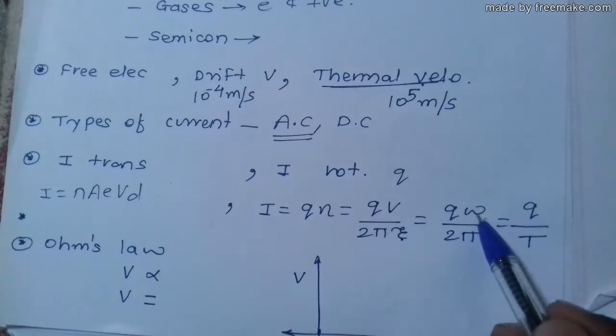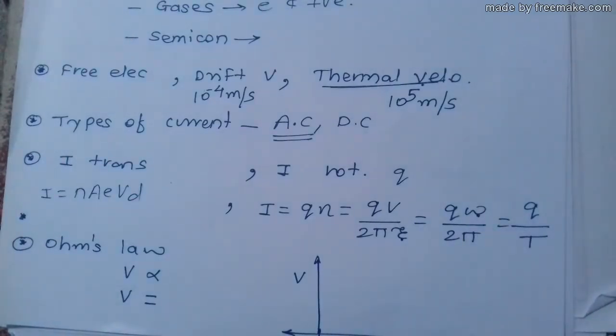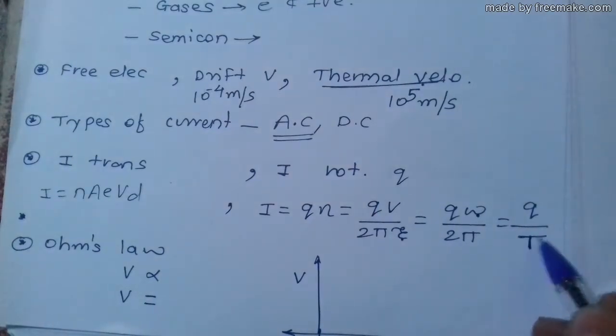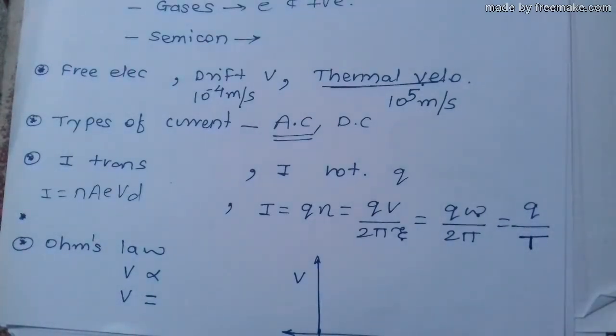Omega is the angular velocity of charge. And this is time period. What is the meaning of time period? Time period means time required to complete one revolution.